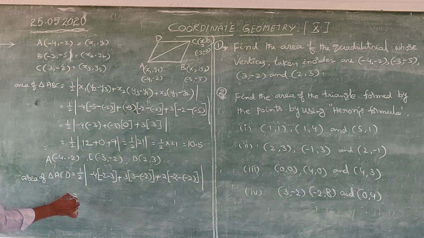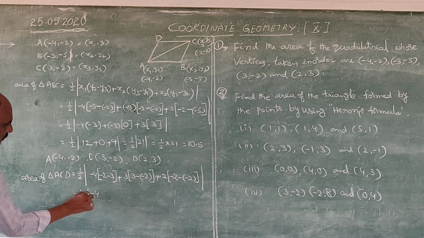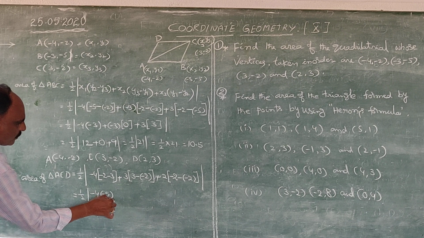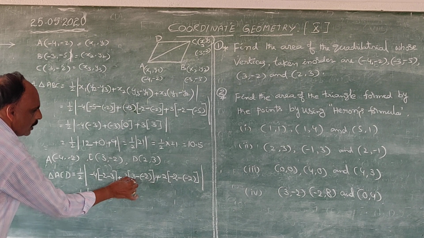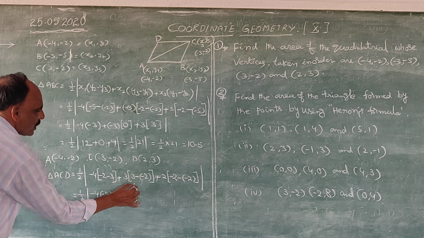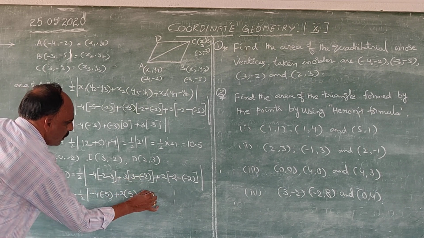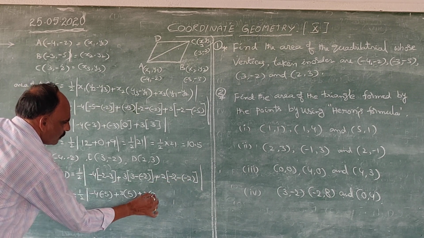Then simplify: half modulus of minus 4 into minus 5, plus 3 into (3 plus 2, which is 5), plus 2 into (minus 2 plus 2, which is 0).